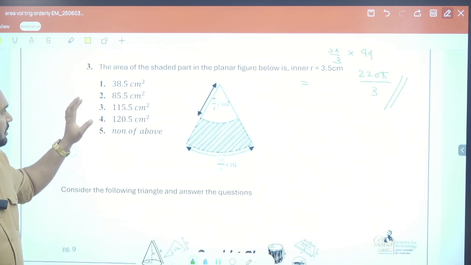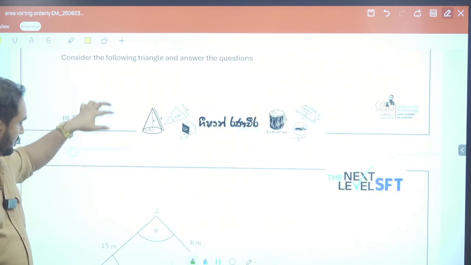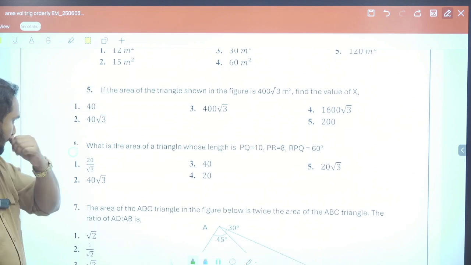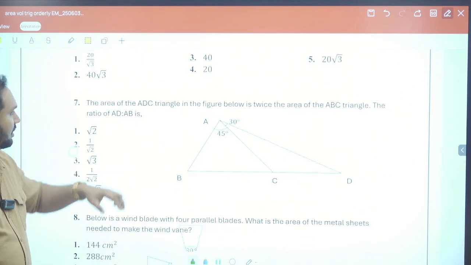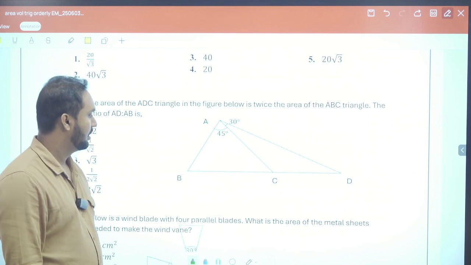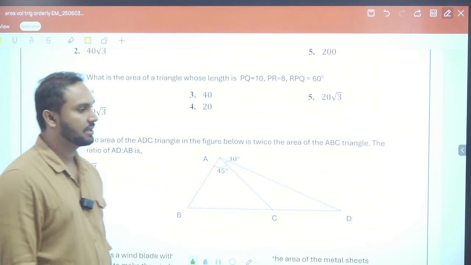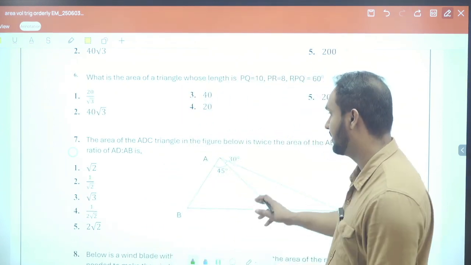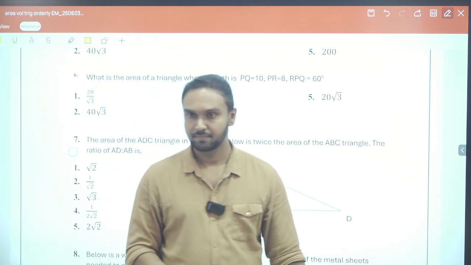Question number 3, then question number 4, 5, 6. Do the questions up to 6. The questions in question number 7 we'll discuss next week because it's a different formula for question number 7. Right?